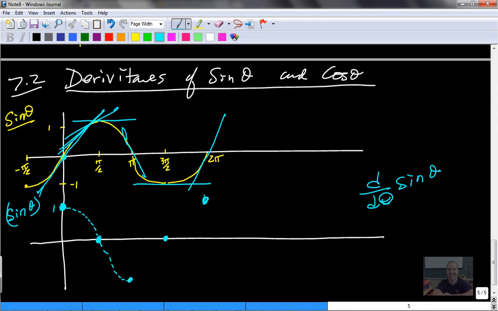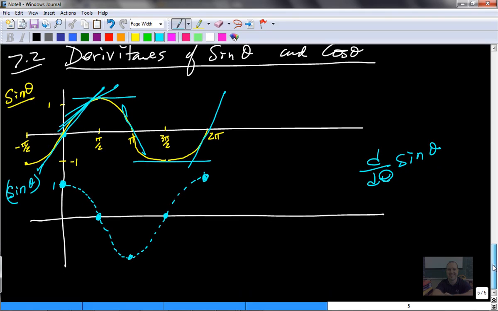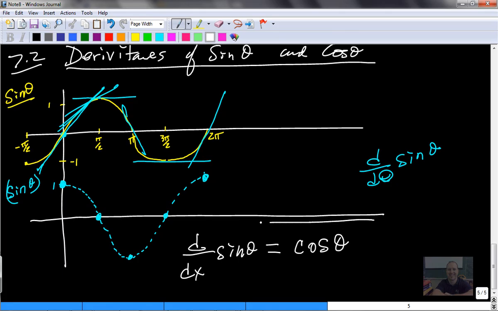What does this graph look like? It looks a lot like the cosine graph. So what we learned by graphing the derivatives, rather roughly, I apologize, is that the derivative of sine theta, d over dx of sine theta, equals the exact same graph as cos theta.